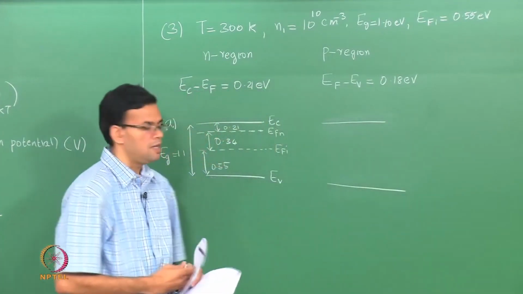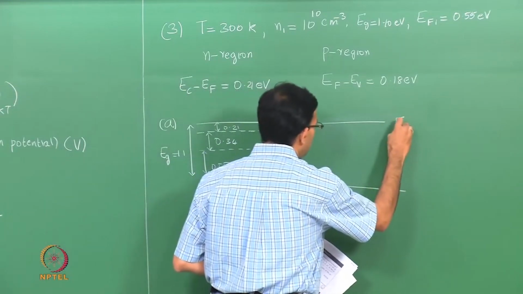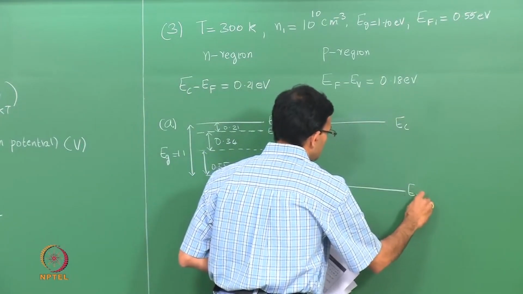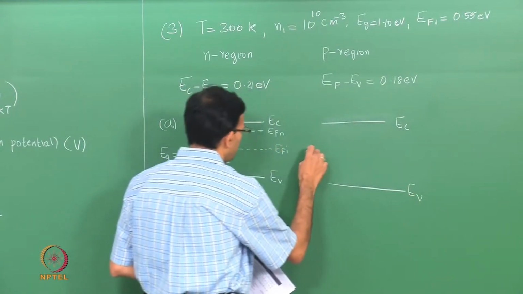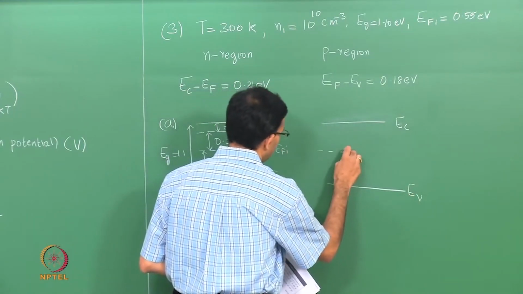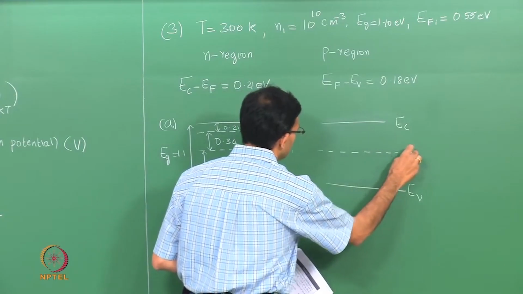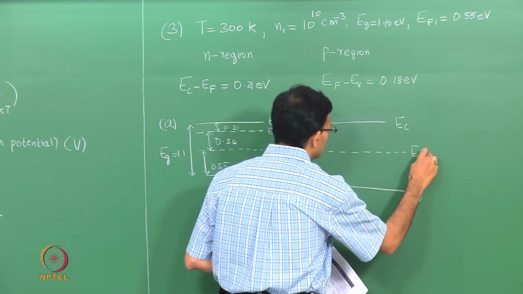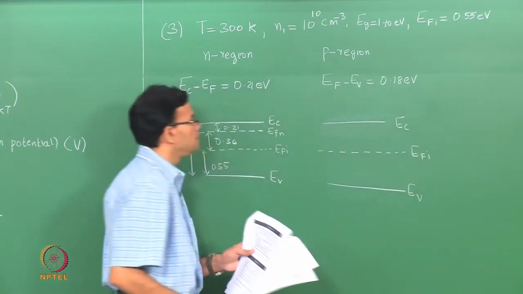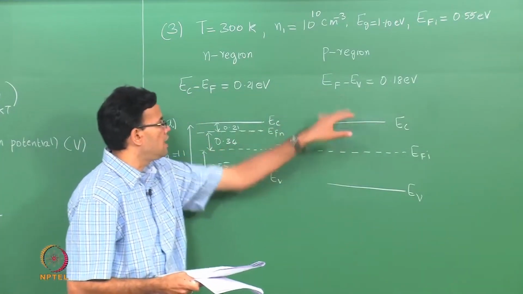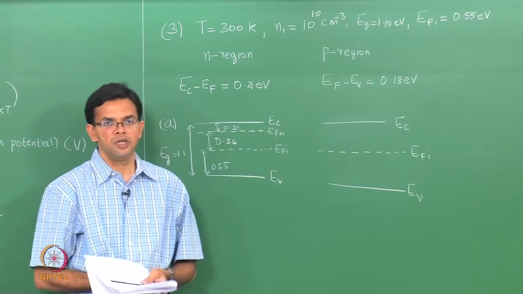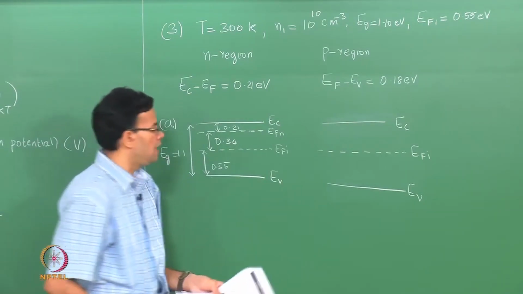So, it is the same silicon. So, Ec and Ev are located in the same place. EFI will also be located in the center. In this particular problem, EF minus Ev is given to be 0.18 electron volts.